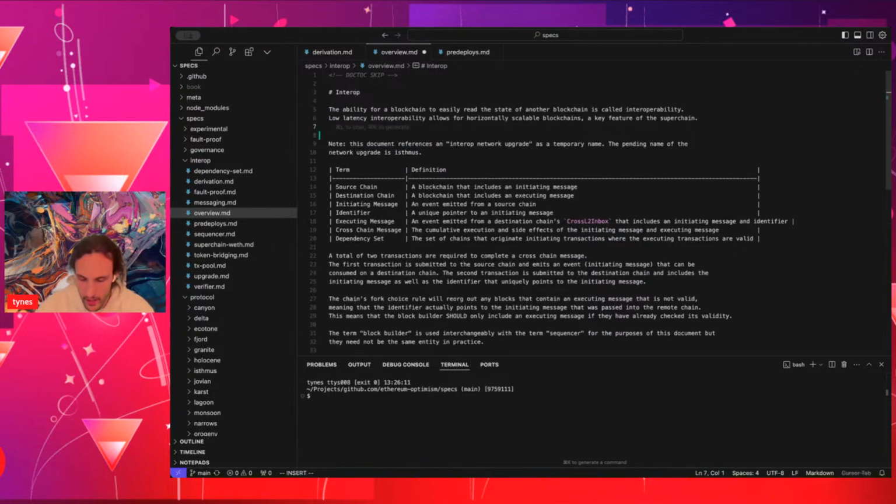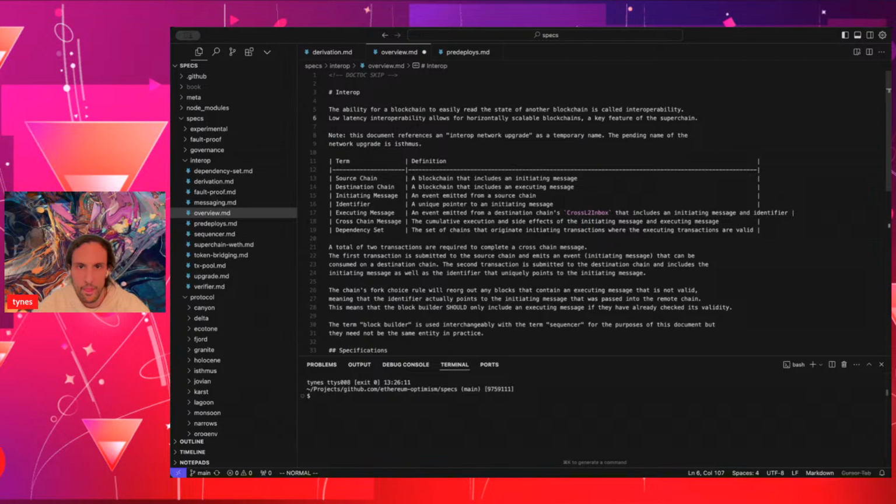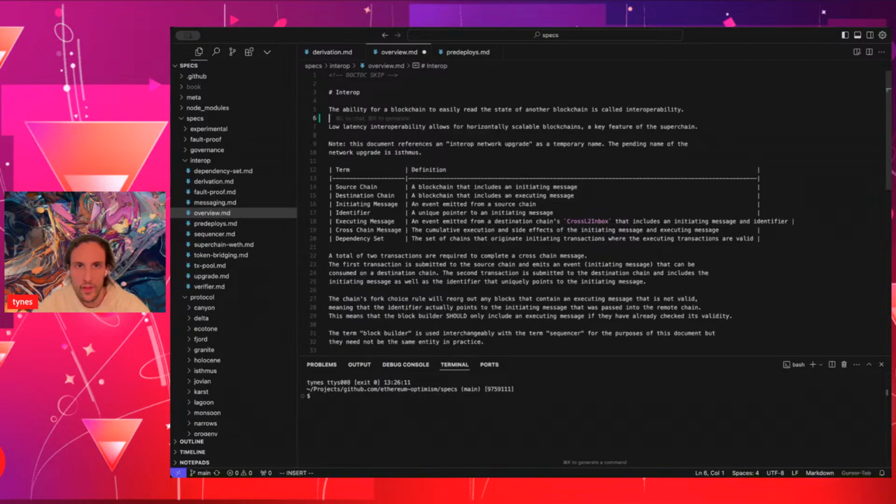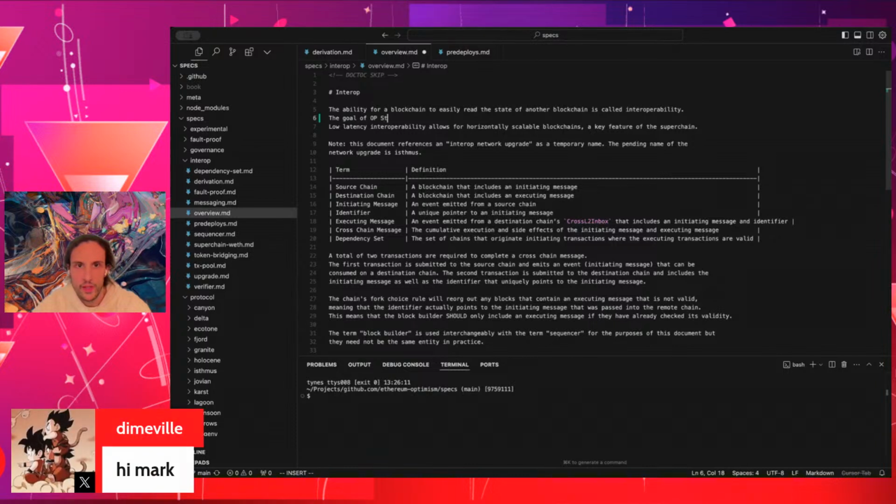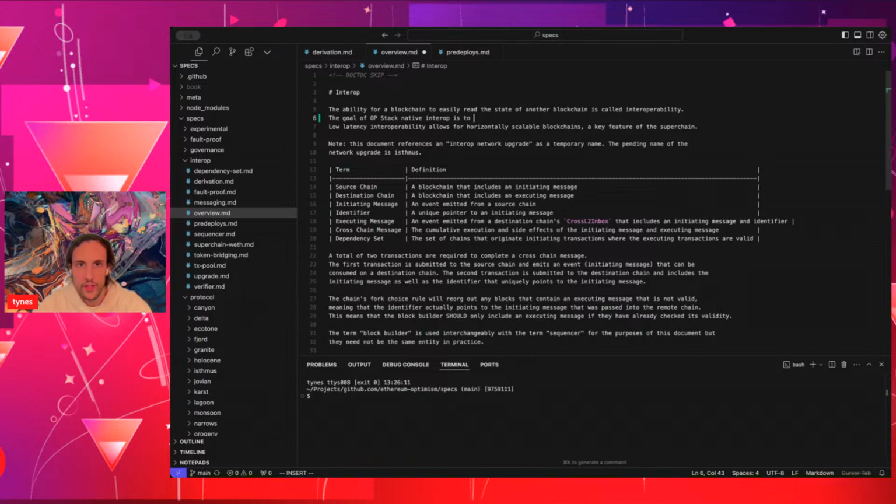I think we want to say interoperability already exists today. You just have to withdraw from one L2 and then deposit into another L2. So the ability for a blockchain to easily read the state of another blockchain is called interoperability.